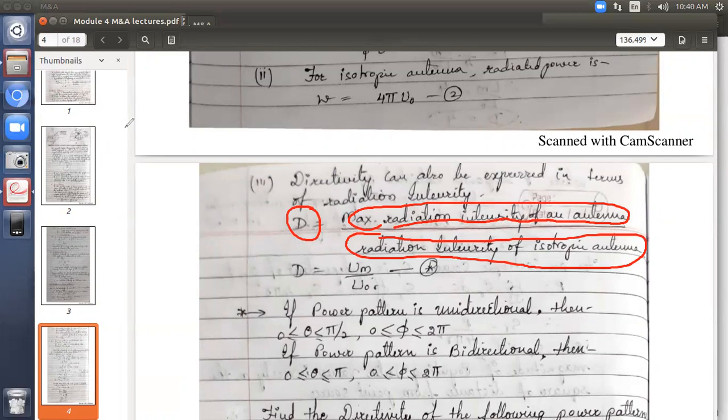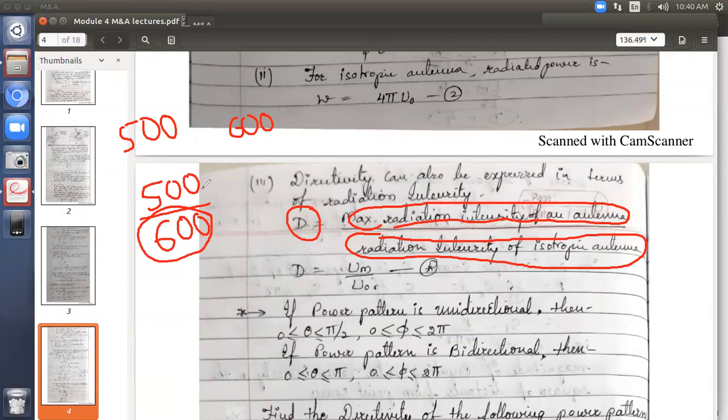For example, if you have achieved 500 marks and your total marks are 600, how will you evaluate your performance? Your percentage is your obtained marks divided by the maximum marks. So the standard set by you is 600. So you will calculate how efficient you are.